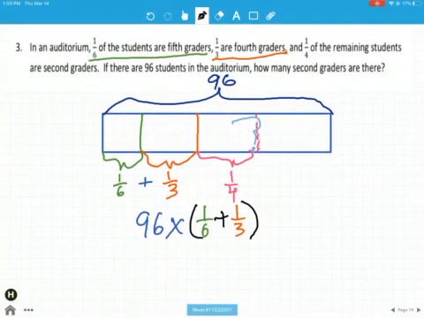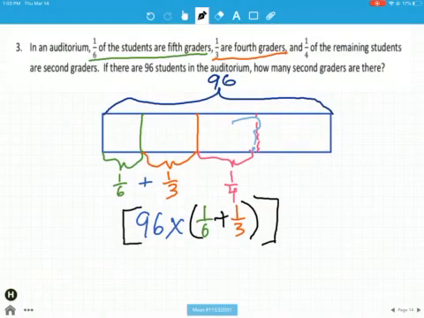Then we're going to subtract that from the 96. Oh, I think I did too much for you. Yes, I did. I did too much. But that's the beginning. Once you get your answer for that, you're going to subtract it from 96. So I can use the brackets here.